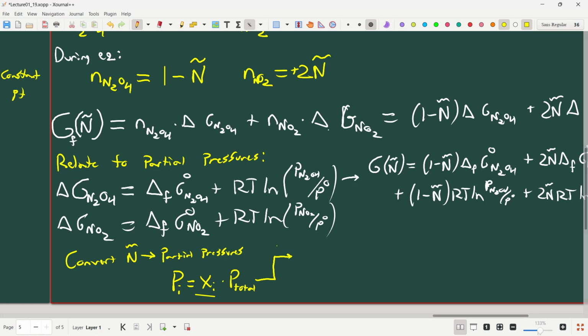So for N2O4, the mole fraction is going to be the number of moles of N2O4 divided by the total number of moles in the system, times P total.